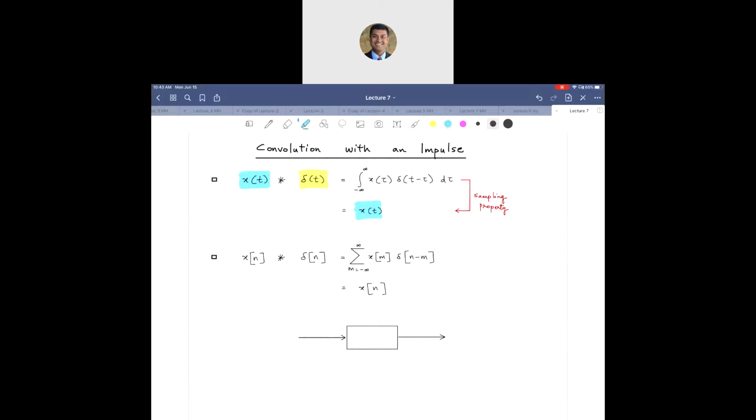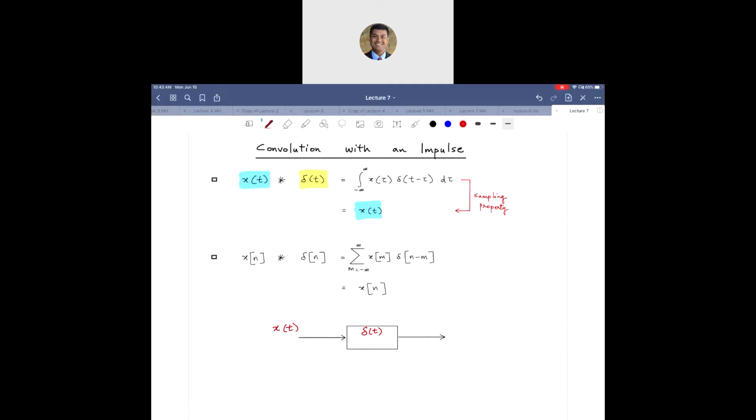This can be represented using an input, output, and the system in the middle in a graphical manner as shown below. So what I'll say is x of t goes in, and let us suppose that my impulse response of the system is delta of t.